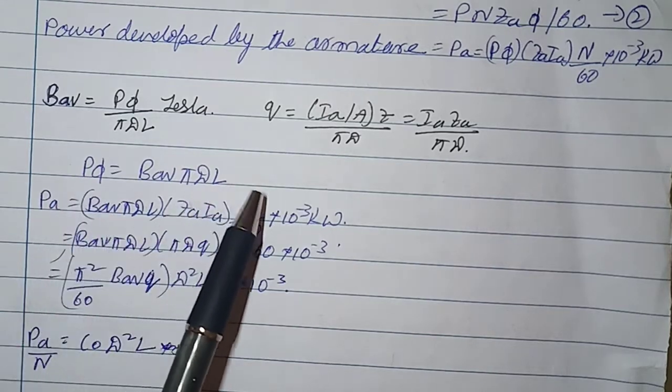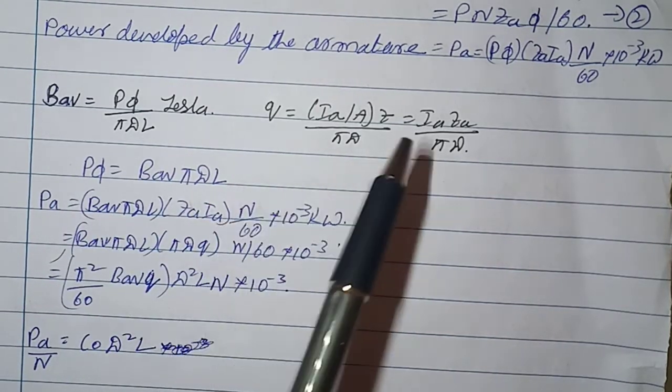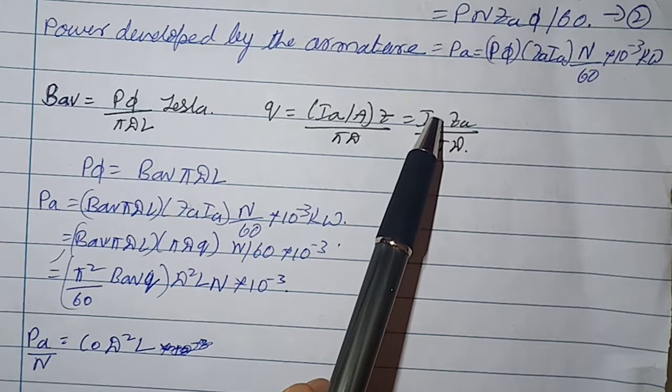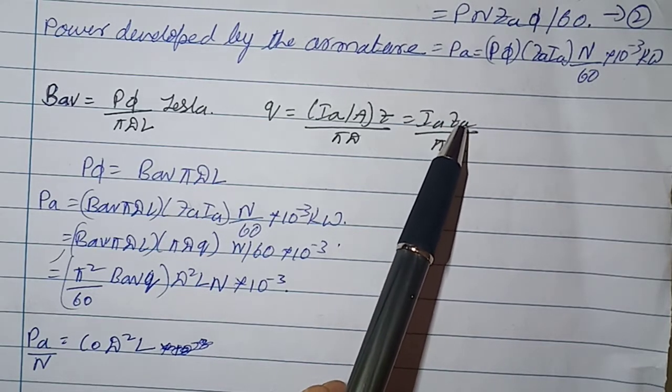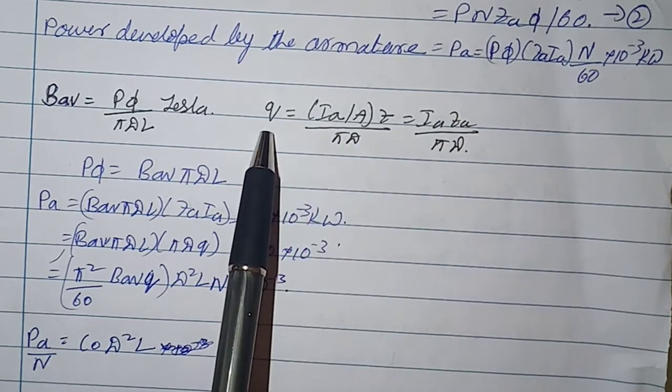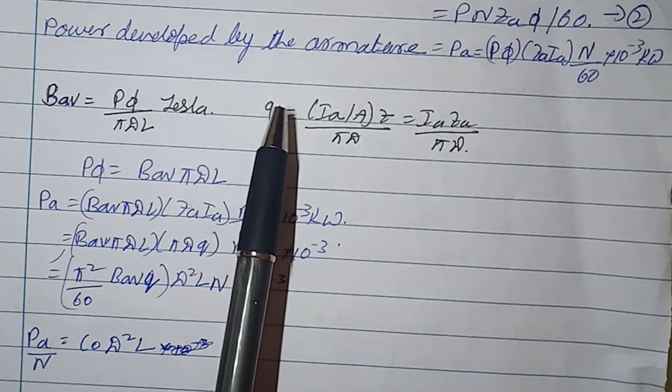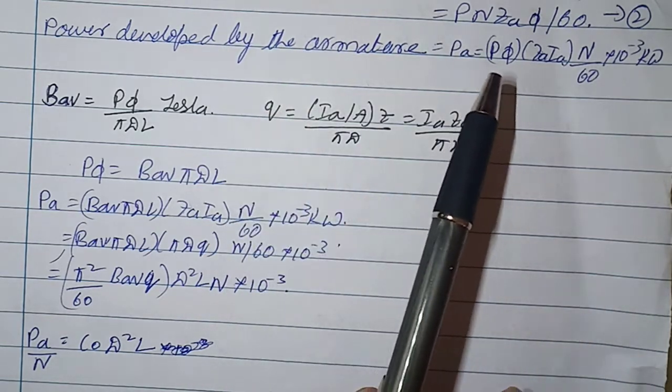Next we take the relationship for Q, where Ia Z by A equals pi D into Q. Those values we substitute in this equation.